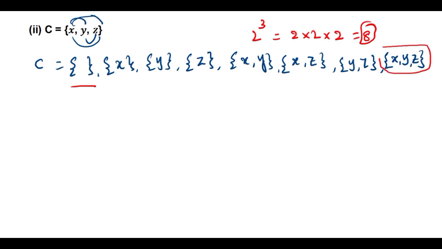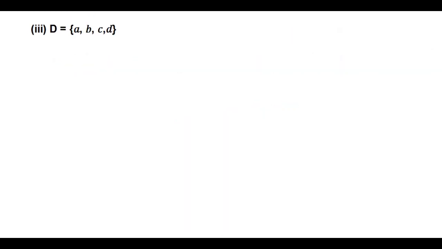A set is a subset of itself. Right? Next one. This is a very important point. Next, ABCD. Can you guess how many subsets we get now?